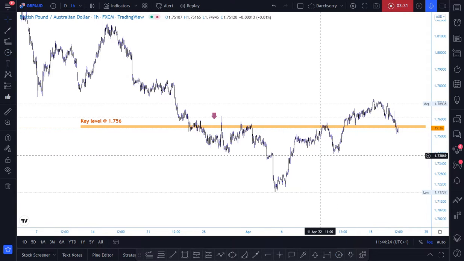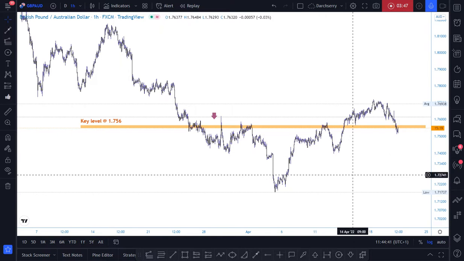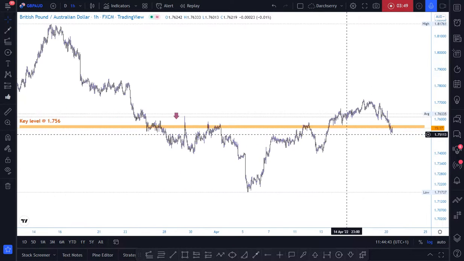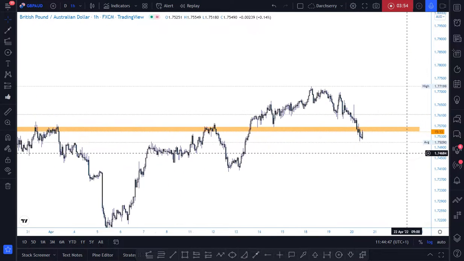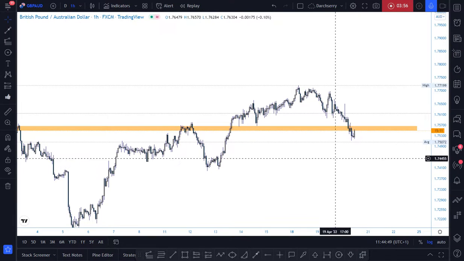But we can't just jump into this trade right away. We need to look for some specific signs and specific confirmation that will support us hopping into the bullish trend when it finally happens. So the first thing I want to look at is this. First of all, our key level should be our guide into a bullish momentum.